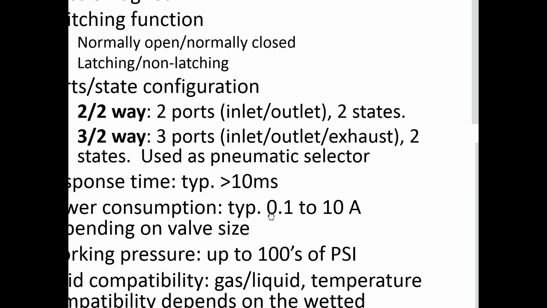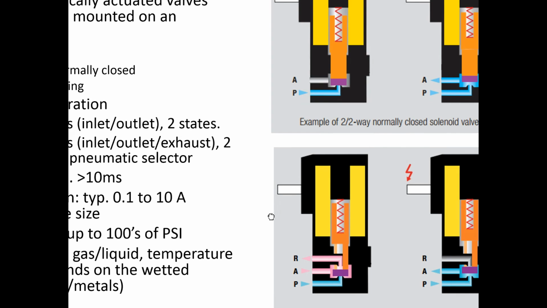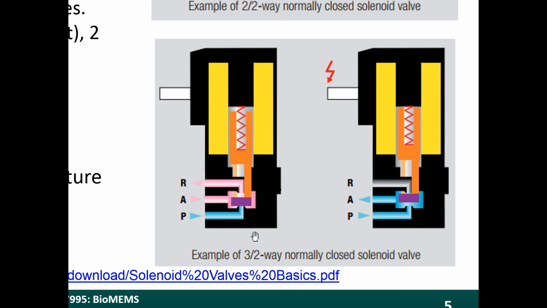Now, there's also 3-2 valves. With a 3-2 valve, again, you have a solenoid, but now there's 2 openings or 2 flanges.